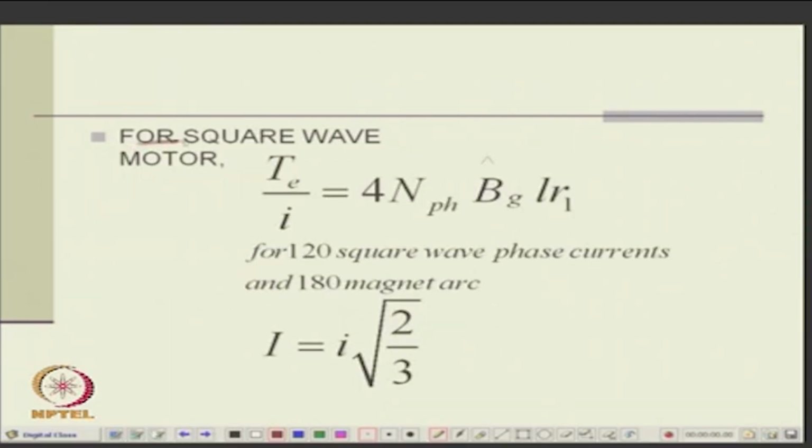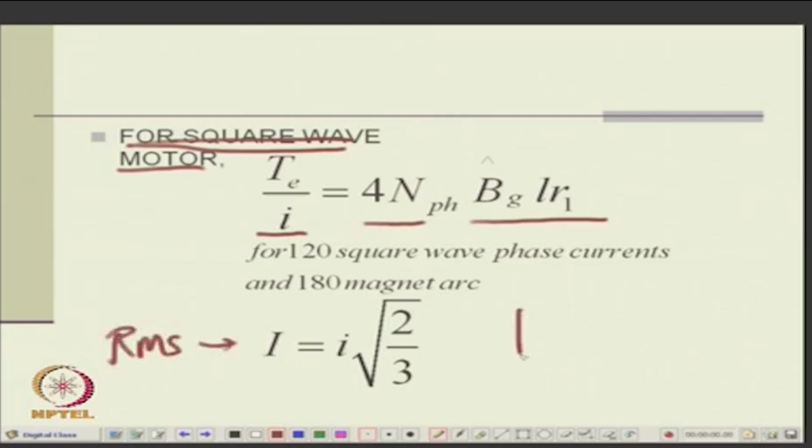For the square wave motor, torque per ampere will be 4 N phase Bg L R1. This is the fundamental, this is RMS. In square wave, with 120 degrees, if this is the current, then the RMS will be root 2 by 3.